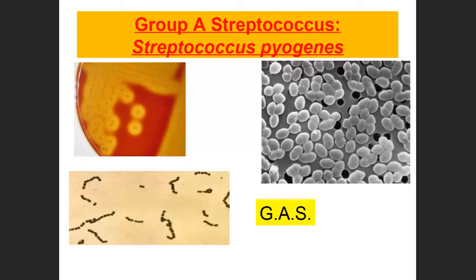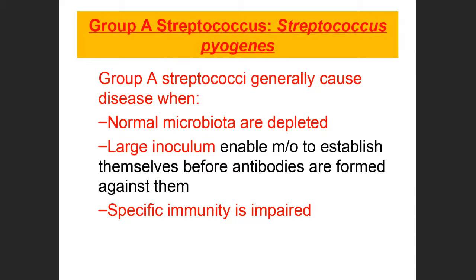The group A Streptococcus forms short chains. The organism is cocci, but it does have a little bit of an ovoid shape. It's beta hemolytic. And again, these are the little short chains. It's a gram-positive organism.